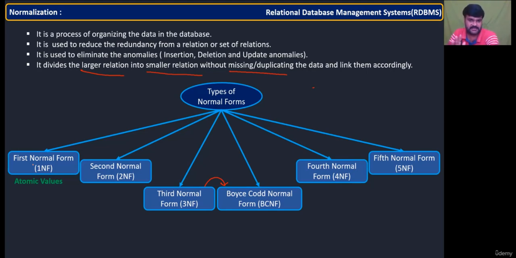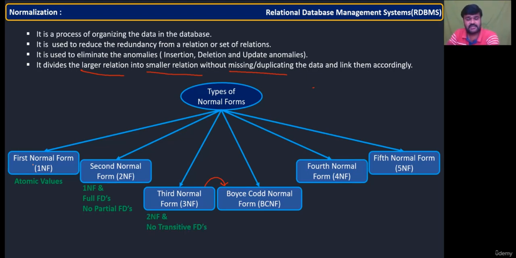Second normal form must first of all be in 1NF, and then every FD must be a full functional dependency, as we discussed its definition already. There should not be any partial functional dependencies. How we will identify and eliminate partial dependencies and make them all full functional dependencies, we will see in the discussion.